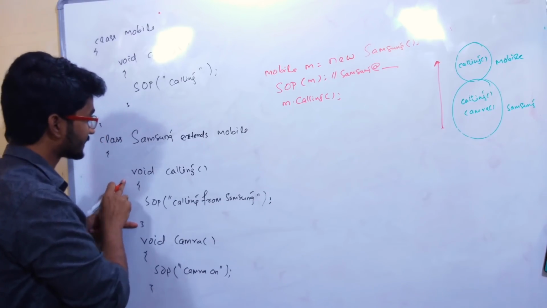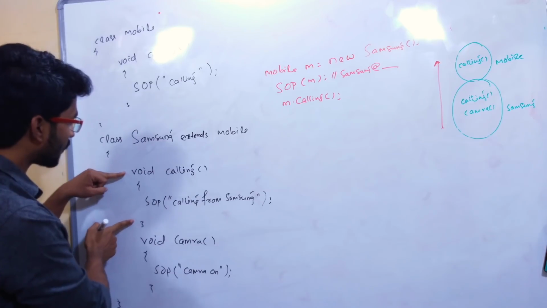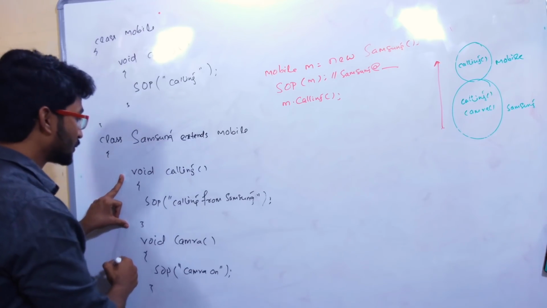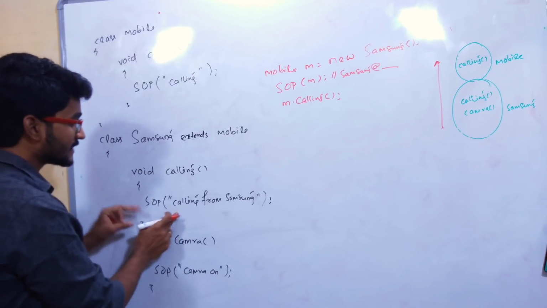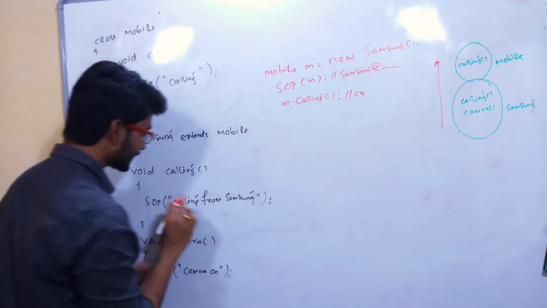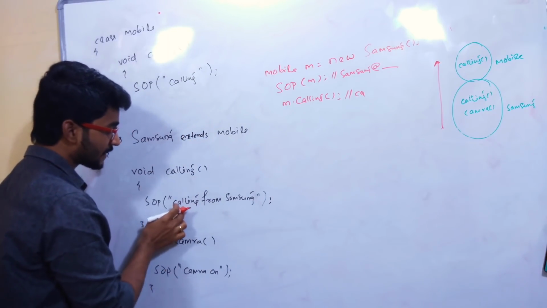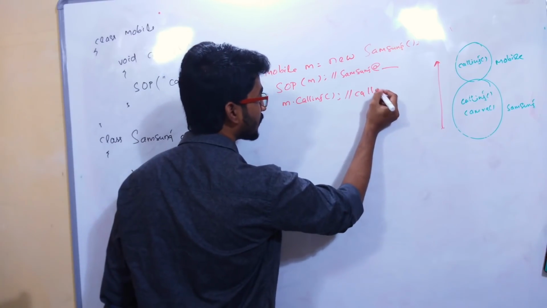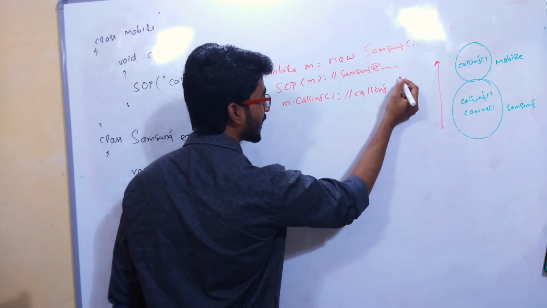In this case, we have overridden this calling method here. So this particular method is going to be executed because we have overridden it. Calling from Samsung is going to be the output. This is what we call dynamic dispatch.